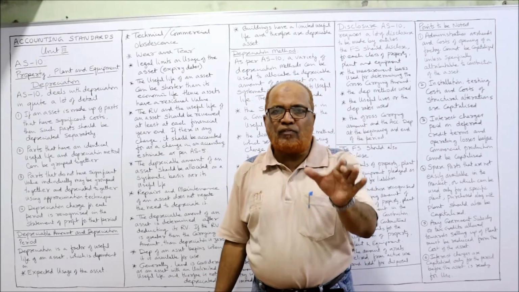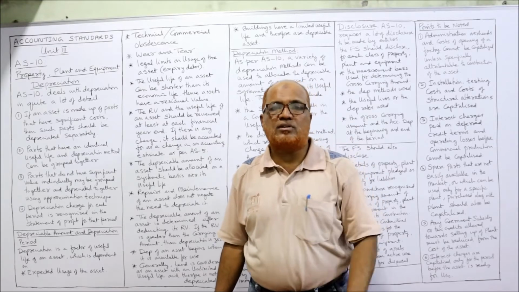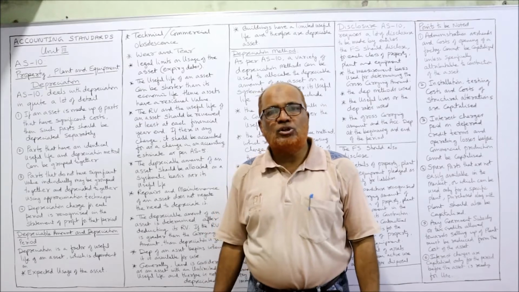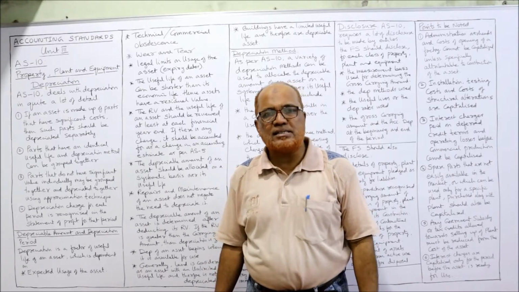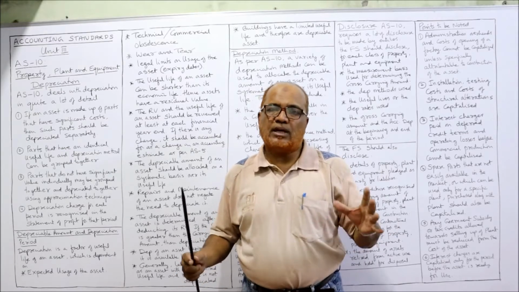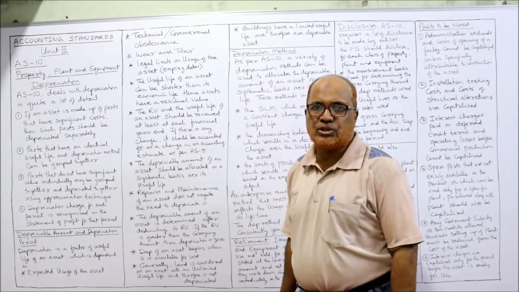In the statement of profit or loss, it's a very important item because it will affect the profit. Similarly, this depreciation will be deducted from the concerned asset in the balance sheet. So it will affect both the profit and loss statement as well as the balance sheet.